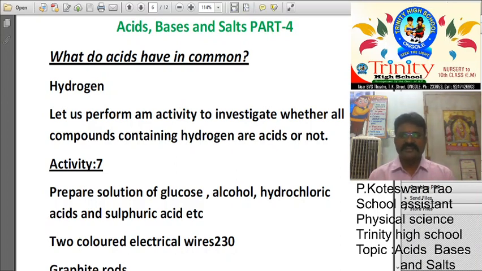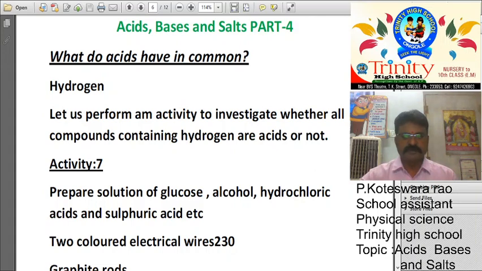That's why, whether all compounds containing hydrogen are acids or not, let us perform an activity. That is activity 7.